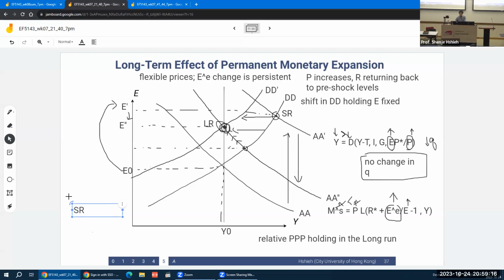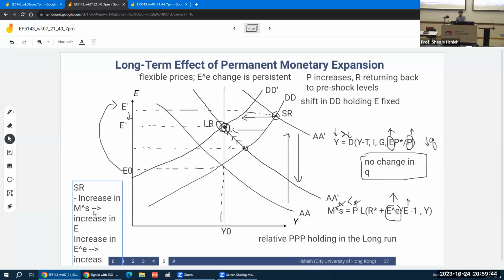So the short run, and then we do a long run somewhere else. Short run: we have an increase in MS, which will lead to an increase in E. And we have an increase in expected E, E hat, which will also lead to an increase in E. Right, that's where we get the amplification effect.